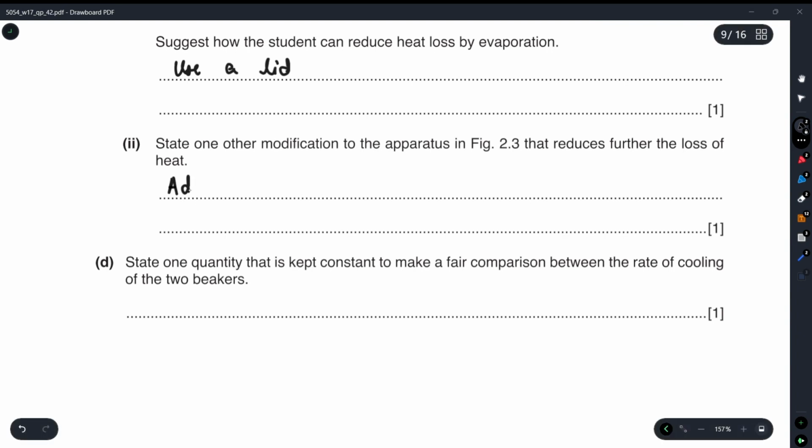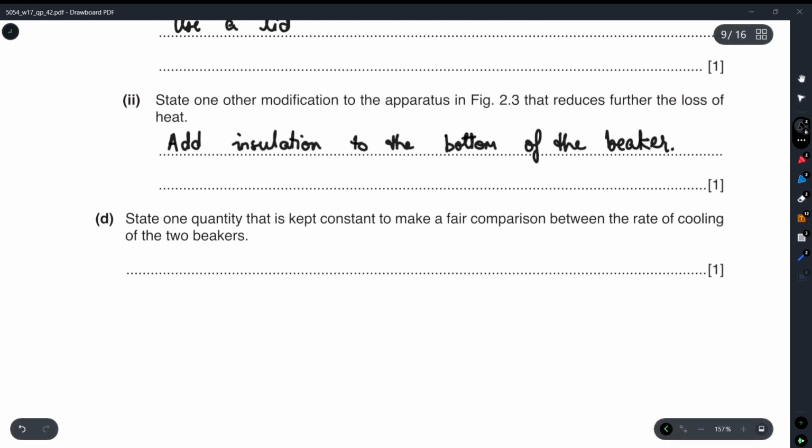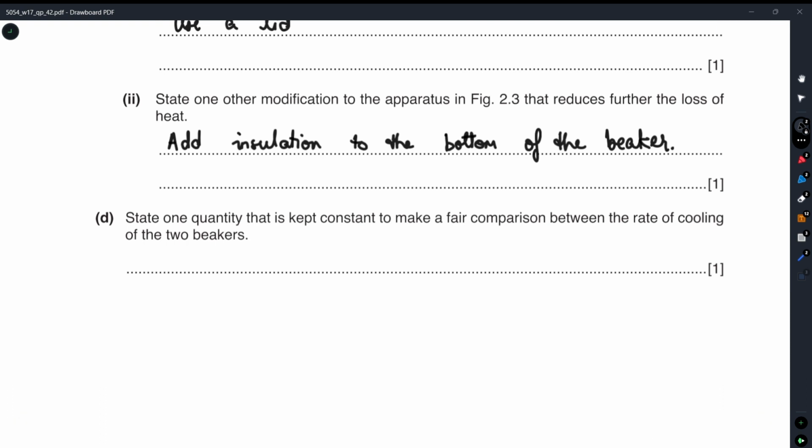So add insulation to the bottom of the beaker. So yeah. In that case, state one quantity that is kept constant to make a fair comparison. Weight, mass, volume, temperature.